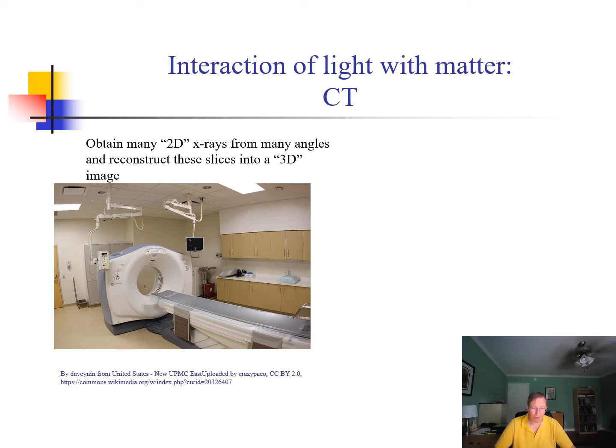In this case, you're going to be placed on this table inside a scanner, which is going to rotate and take X-rays in a 360-degree type of image to collect slices of the particular portion of the body, taking multiple X-rays, and then you can reconstruct that.